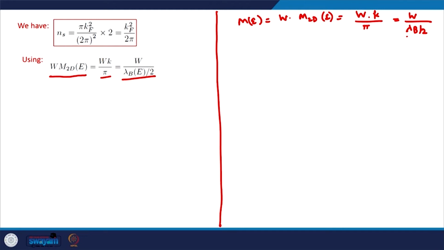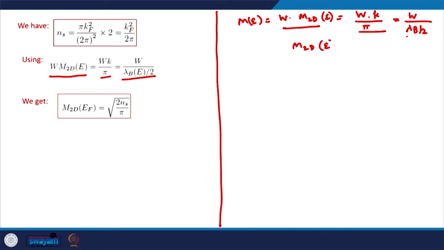Okay. So, using this expression now, this M2D(EF), from here we can see that M2D(E) is actually W times K by pi, and W will go away. So, M2D(EF) is Kf divided by pi, and from the previous analysis, Kf is square root of 2 pi ns, divided by pi.